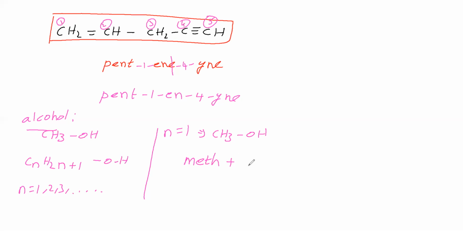Then the primary suffix you have to say. Here only one carbon is there, so you say the primary suffix as "-ane". Then we have to go for the secondary suffix. For alcohol, what is the secondary suffix? The secondary suffix is "-ol", the last two letters. That OL I will write.